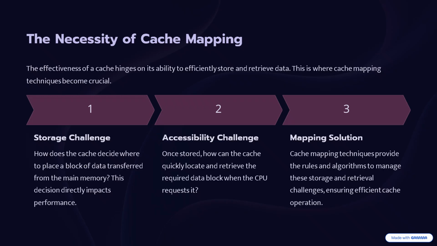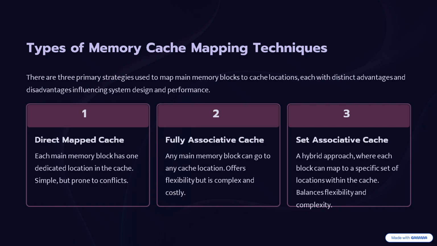That's why we need to implement cache mapping techniques. Three, mapping solution. Cache mapping techniques provide the rules and algorithms to manage these storage and retrieval challenges, ensuring efficient cache operation.